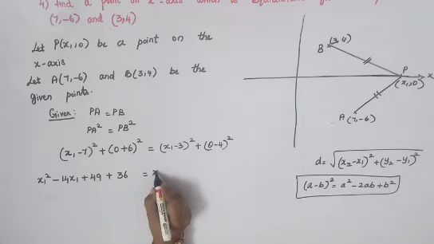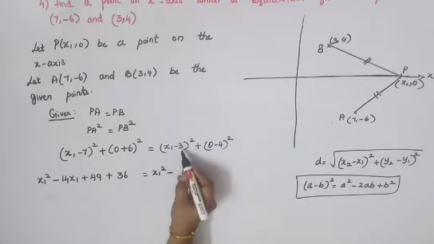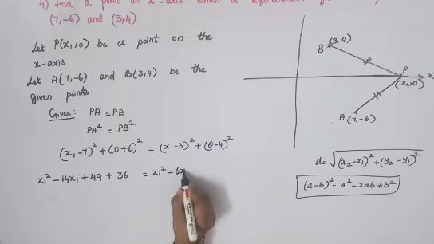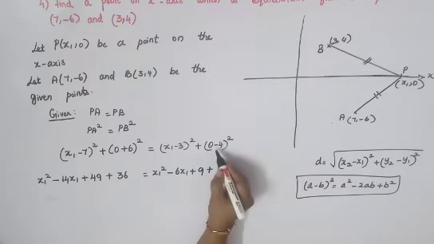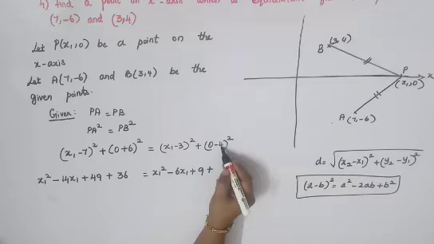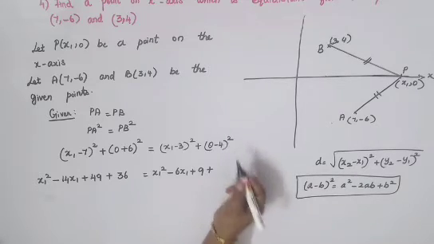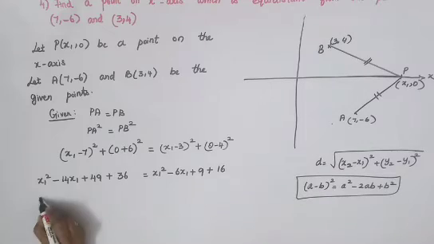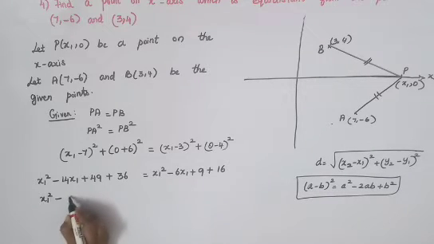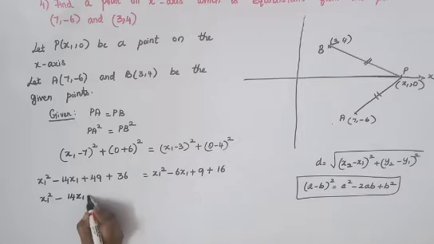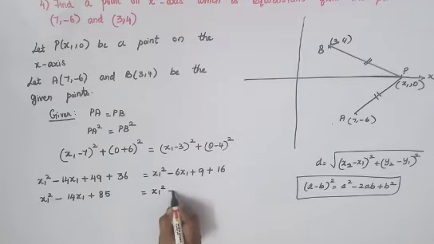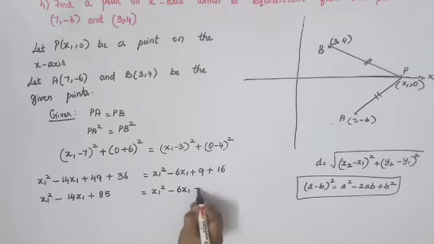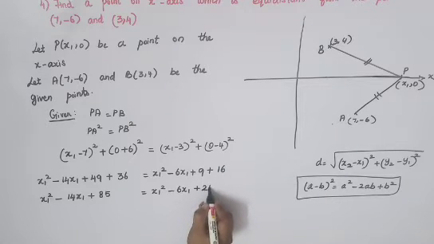Okay, so I'll get x1 square minus 2 3s are 6, so 6x1 plus 3 square will become 9 plus here minus 4 the whole square. 0 minus 4 will become minus 4, so minus 4 the whole square will become 16. So x1 square minus 14x1 plus 49 plus 36 you will get 85, which is equal to x1 square minus 6x1 plus 9 plus 16 you will get 25.